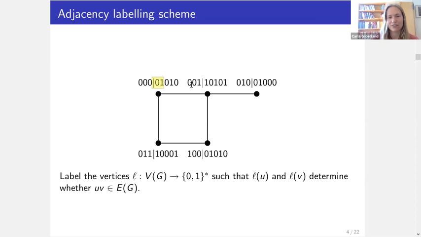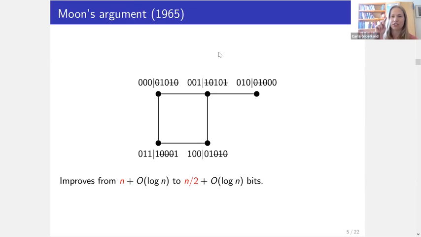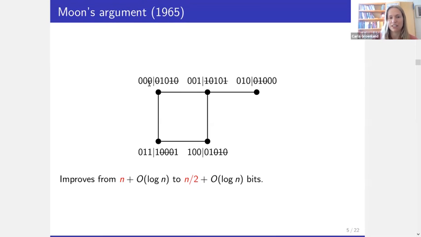So we can actually get rid of that. And instead we can put our points on a circle and only record the adjacencies to the next n over 2 vertices on the circle. So in this case, the vertex with name 0, it records its adjacencies to the vertices with names 1 and 2. And the adjacencies to 0 are recorded by vertices -1 and -2.